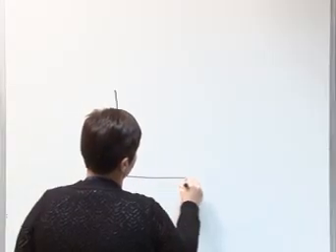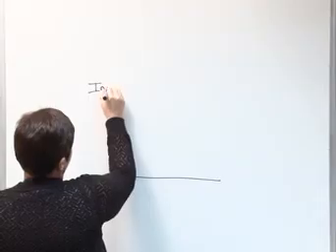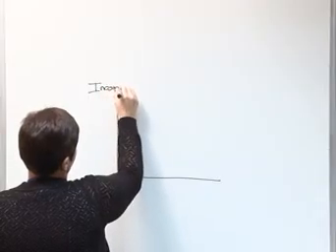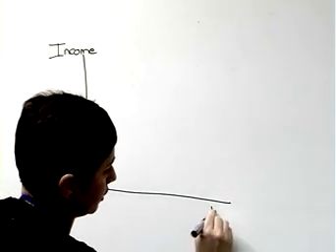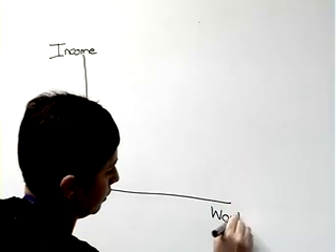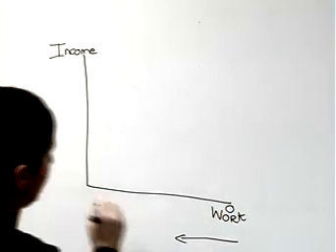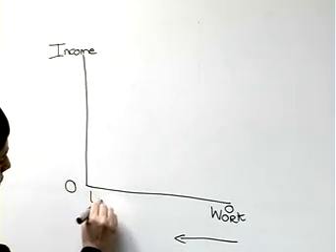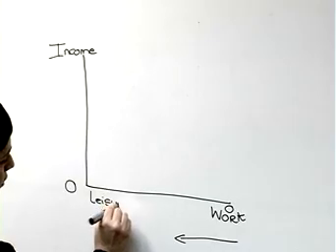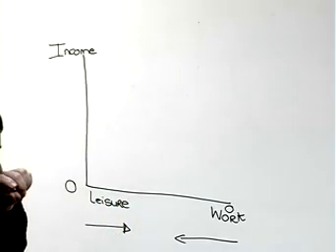First, as usual, your axis: income on this side, work or labor supply on this side, work going from right to left, and leisure from left to right, like that.